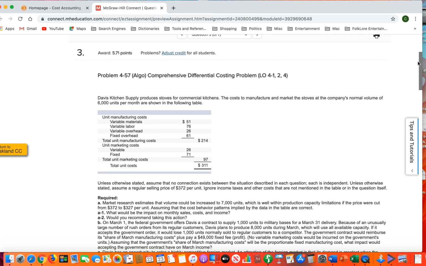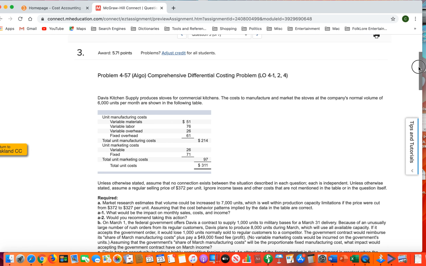If you look at the same problem in the textbook on page 160, and they have different numbers, of course. The same problem under section B, the very last sentence, which is in parentheses, says, part of your problem is to figure out the meaning of share of March manufacturing cost. Part of the problem is to figure out what I mean by share of manufacturing cost.